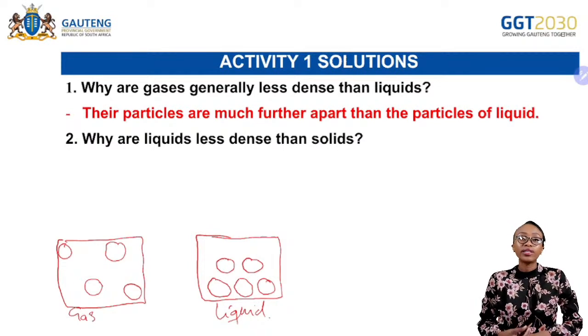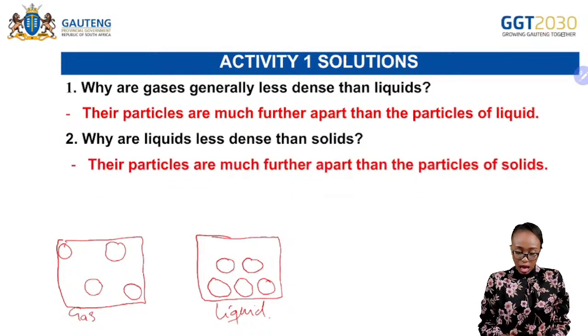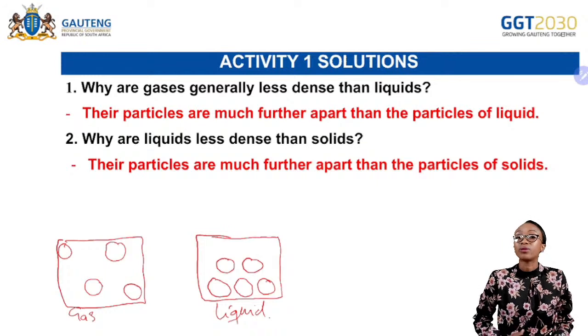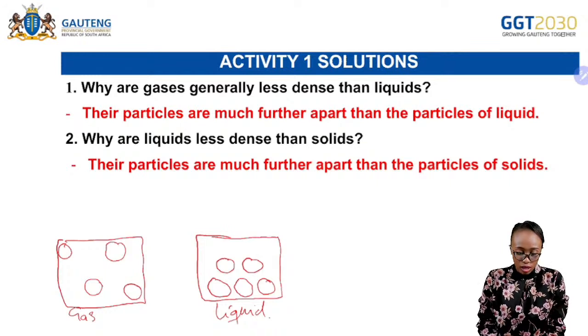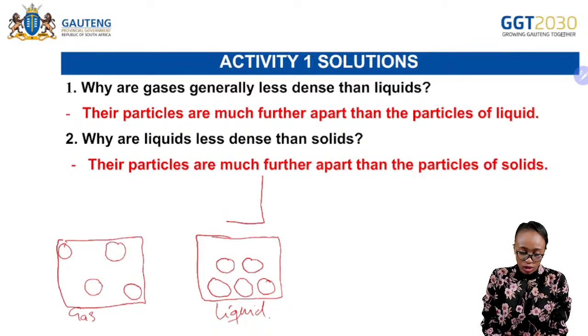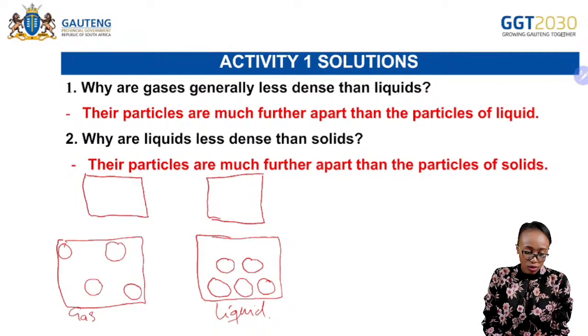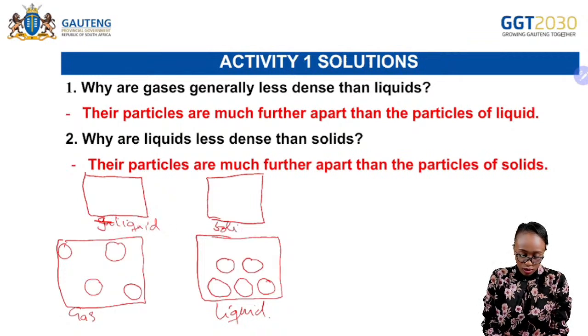And then why are liquids less dense than solids? Their particles are much further apart than the particles of the solid. I'm going to draw another square here. I'll draw the liquid particles here and the solid ones there.